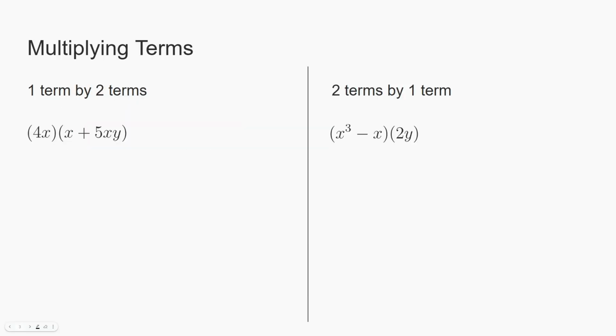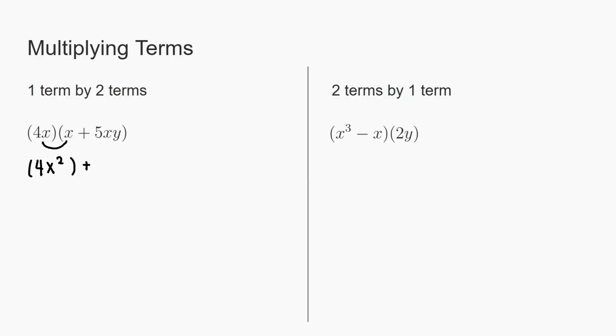Now, let's practice by multiplying terms. On the left side, we have one term by 2 terms. So that's going to give us 2 terms before we combine and simplify. So here we have one term, 4x, and 2 terms, x plus 5xy. Our first step is to multiply 4x by x. This gives us 4x squared.